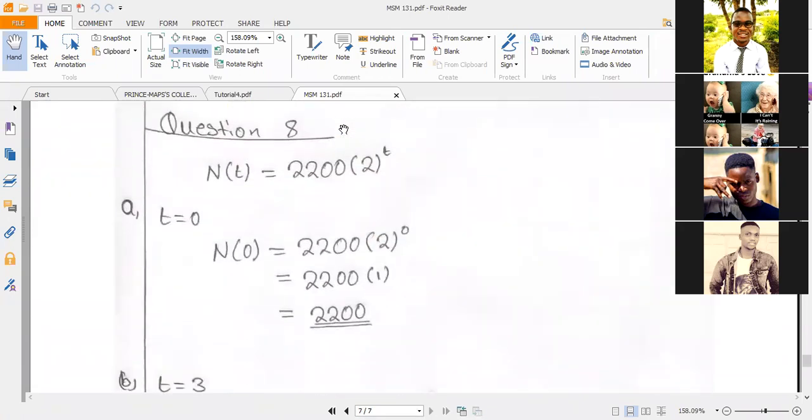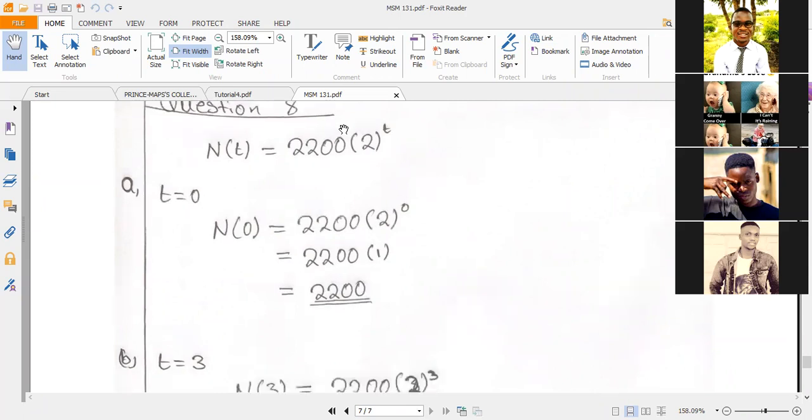N(t) is equal to 2,200 times 2 to the power t. So when t is equal to 0, where there is t, you just put 0. 2 to the power 0 is 1. Any number to the power 0 is 1. 1 times 2,200 is just 2,200. So at this point, the number of bacteria will be nothing but 2,200.